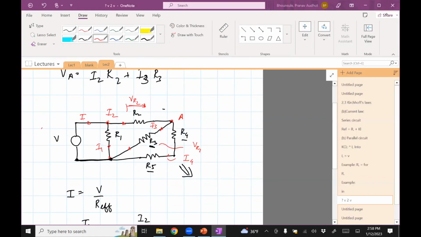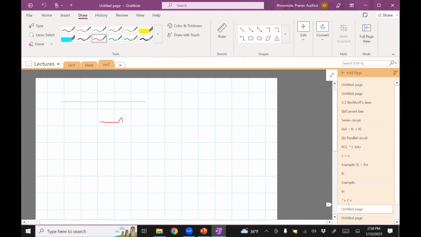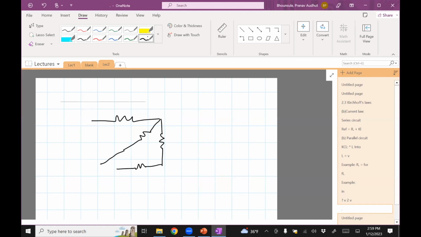So we can write this as, okay, so this is R3, R4, R5. This is I4, I3, and I2.